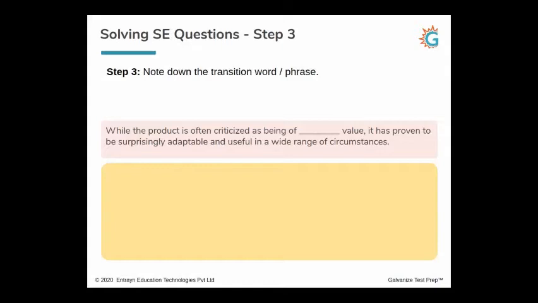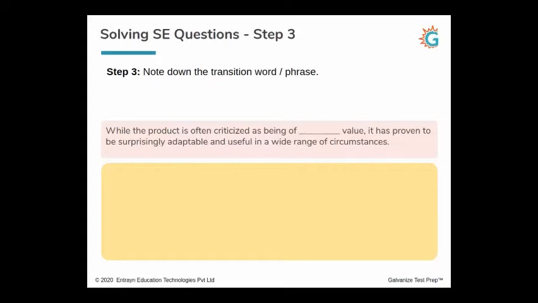All you need to do is understand what function each transition word has. For example, while, but, although, even though, all these show contrast. Similarly, words like that show that it's going in the same direction. They're more of an emphasis. A lot of sentence equivalence questions will have these contrasting transition words. What you need to do in the third step is note down these transition words.